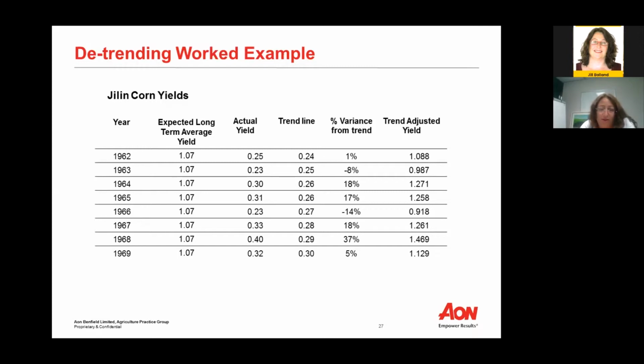So actually for the first year, the yield was a little bit higher than average. And you can see some years are lower. It's just this idea that we really want to know the amount of variation from what you'd expect, and the variation is basically the weather conditions.